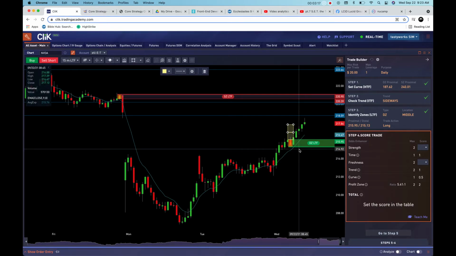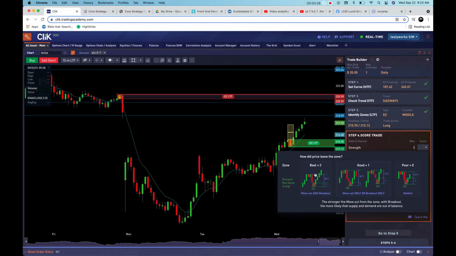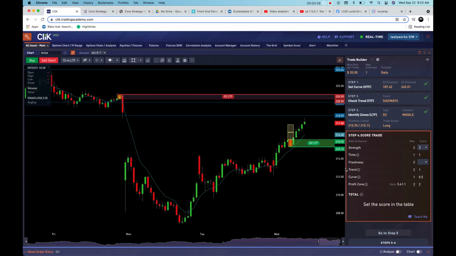Yep, greater than 2 to 1. I got 1 basing candle, 1 to 3 basing candles, so I get 1 point for time. I get 2 for strength because it moved out greater than 2 to 1.